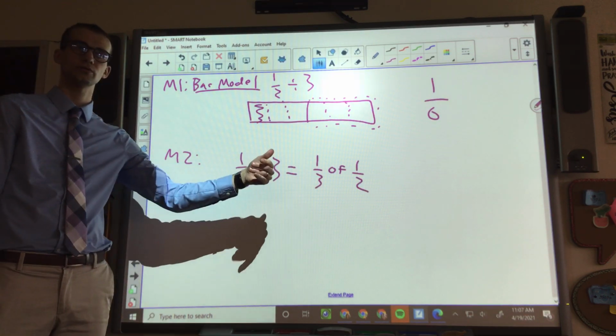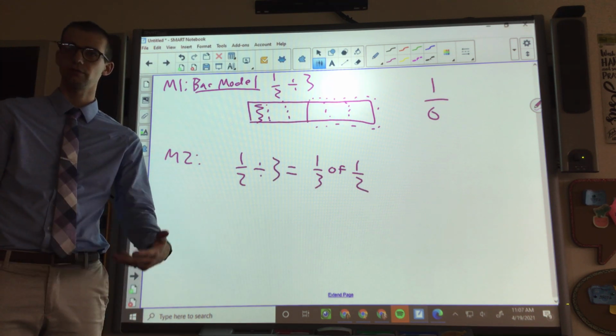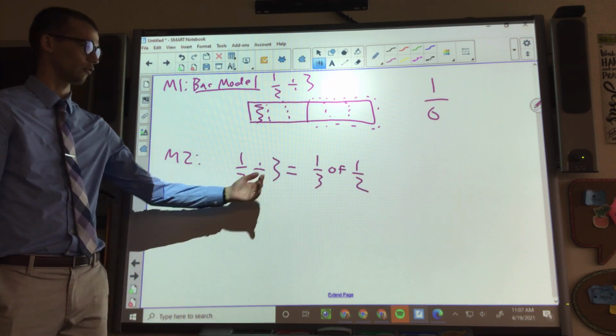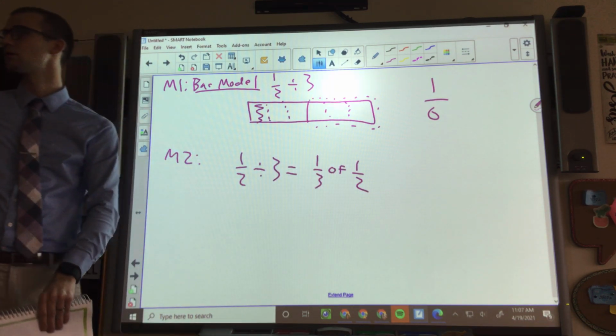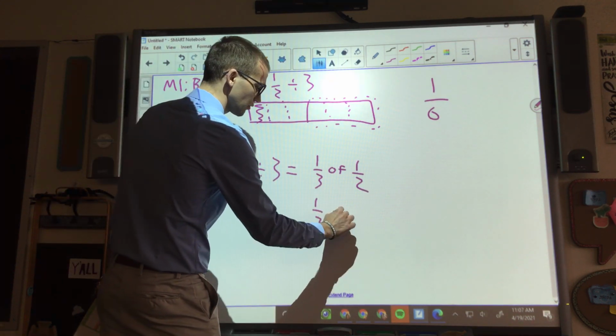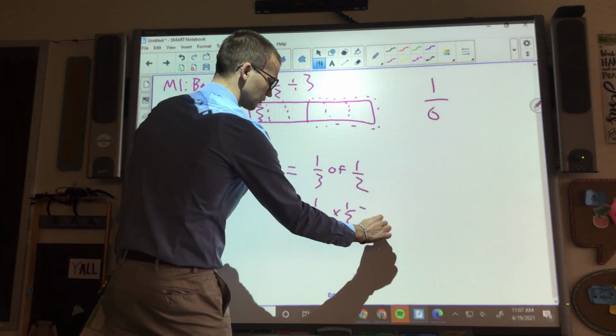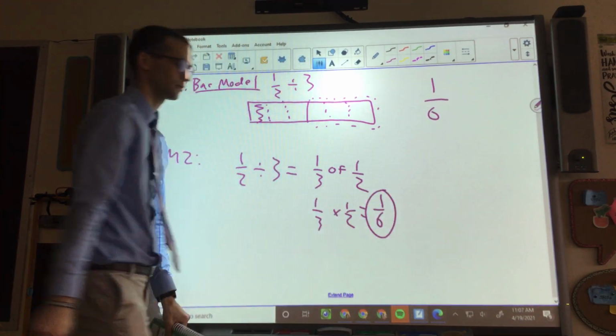Divide it into 3 groups, so I've got 1/3 of that. Should make sense, right? Yes. 1/3 of 1/2, that's 1 times? Yeah, so that means I'm going to multiply. 1/3 times 1/2. 1 times 1 is 1. 2 times 3 is? 6.